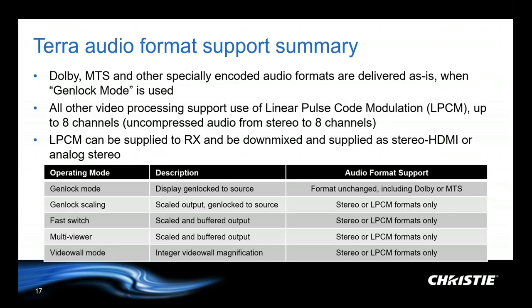So if you've got Dolby or DTS or anything else that's being input into the TX, that will come out on the RX. In all the other video modes, Genlock scaling, fast switch, multi-viewer, and video wall, the audio formats that are supported are only stereo or LPCM formats. So you wouldn't be able to transmit Dolby and DTS and so on when you're using Genlock scaling or fast switch or whatever.